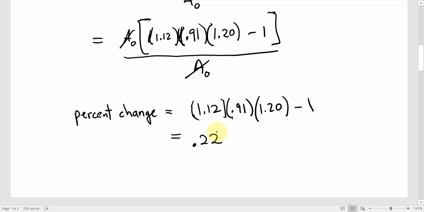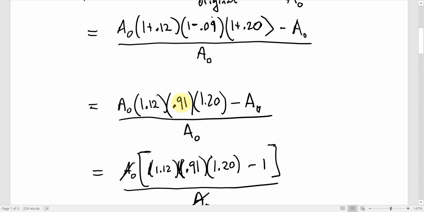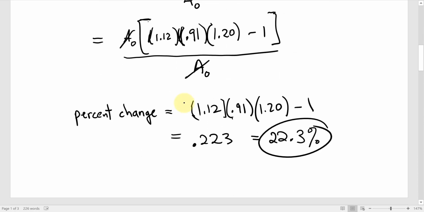It's not exactly 0.2, it's 0.223, so we could say 22.3%. So it's close to that estimate that I had made, but this could vary a lot. What really happened is that the overall investment increased 22.3%, not 23%. That could make a huge difference if the initial amount was $1 million or several million dollars. That 1% is a lot of money.